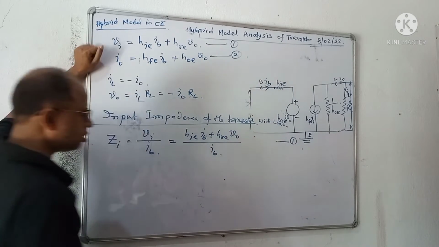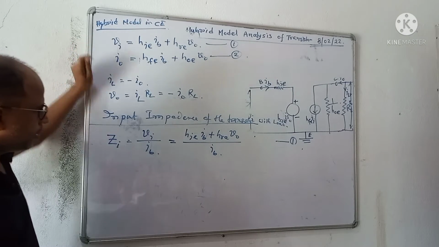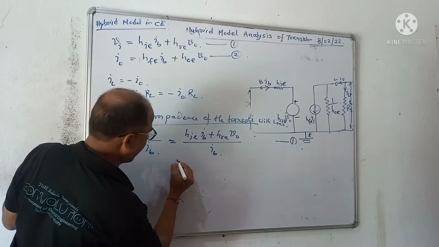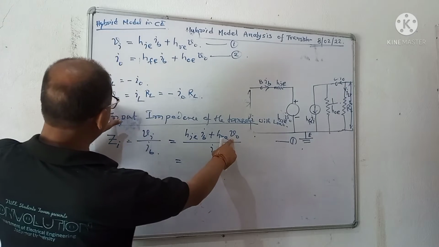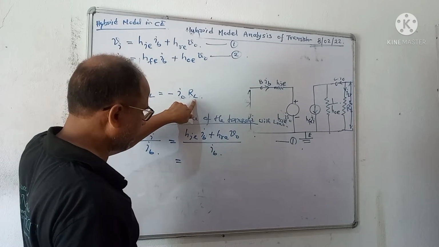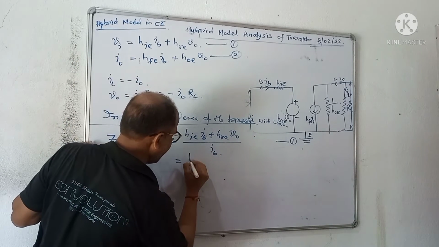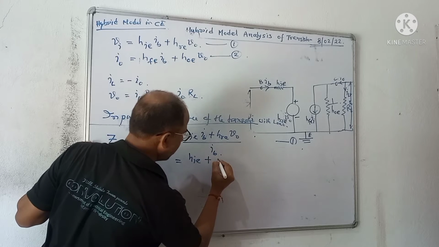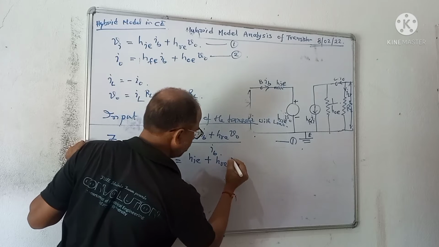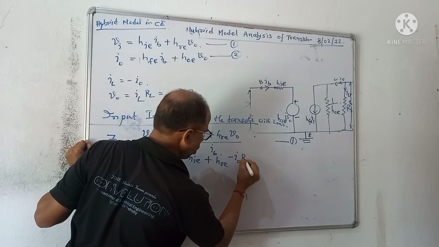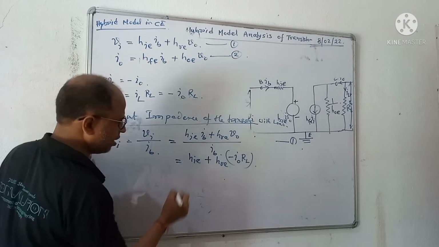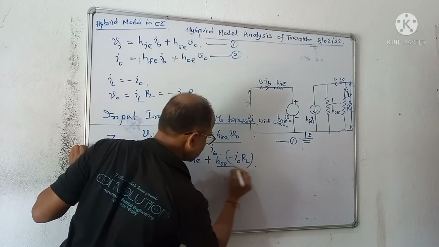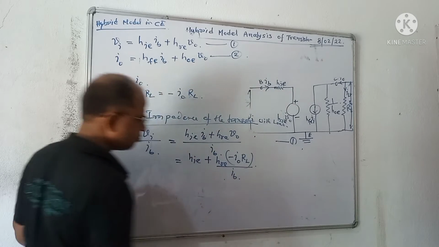Now this can be written as, V0 is equal to minus I0 into RL. Then HIE plus HRE into minus I0 into RL by IB.